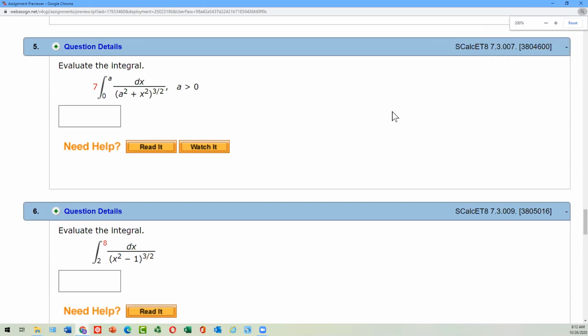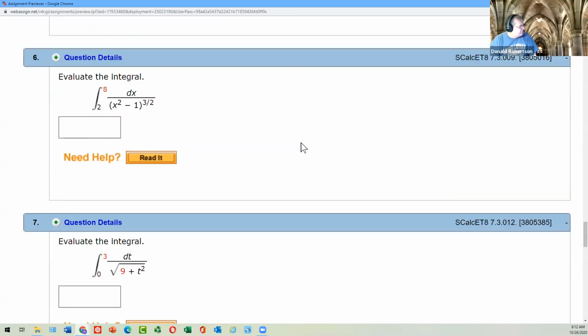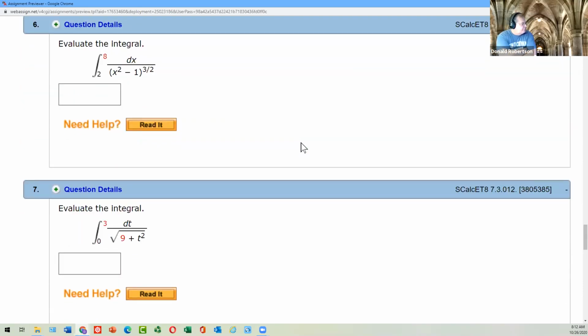A tan theta. Okay, correct. Question 6, who's the x sub going to be? 3 tan theta. Question 6, are we looking at my question 6? You might be looking at 7. Question 6. Secant theta? Yep.